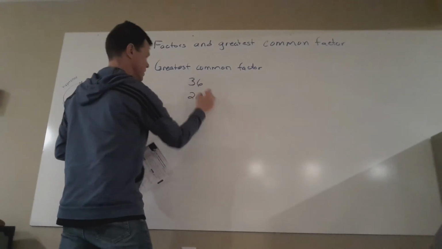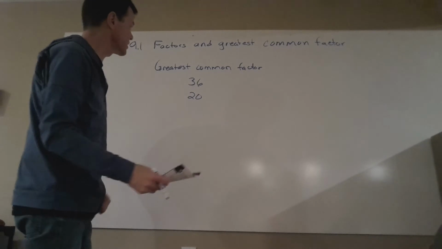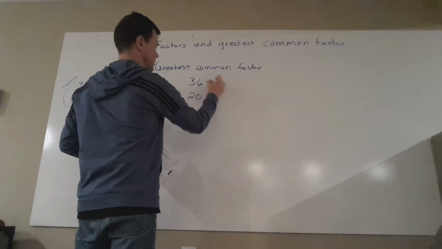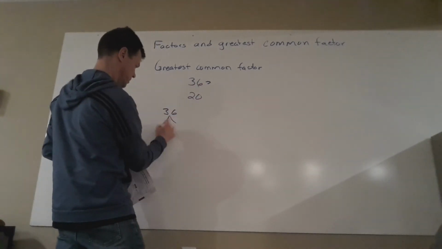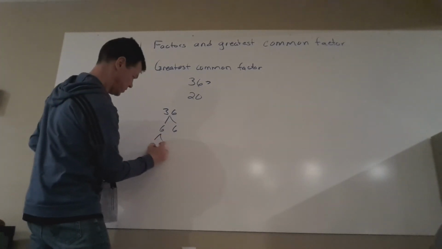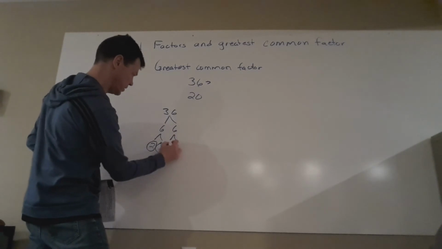36 and 20. All right, so let's list all the primes of 36 and 20. Primes of 36, if you're not sure, make a factor tree. 6 times 6, we already did this. 2 and 3, so I'm going to circle the primes just to keep them straight.